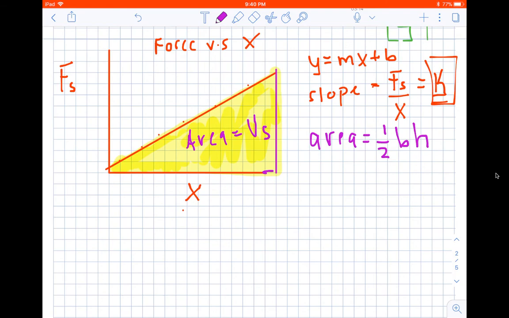Our base would technically be our x value, our stretch value, and the height would be our restoring force. Dimensionally, we will get the correct units.